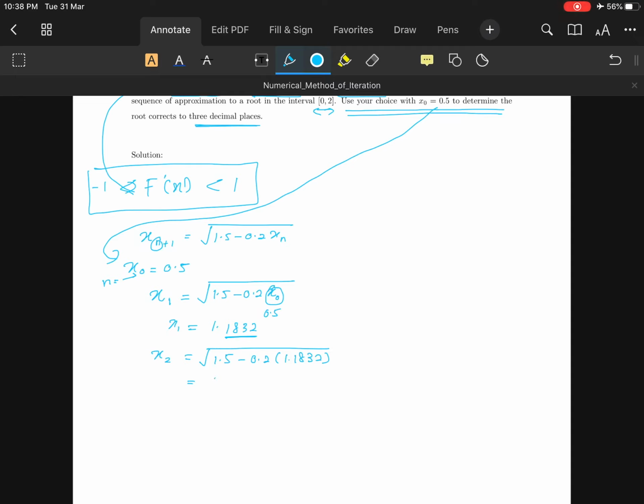So you will get 1.124. You can see that between these two values, the change is still significant. So you continue for x3, 1.5 minus 0.2 times 1.1240. Okay, let me calculate again.